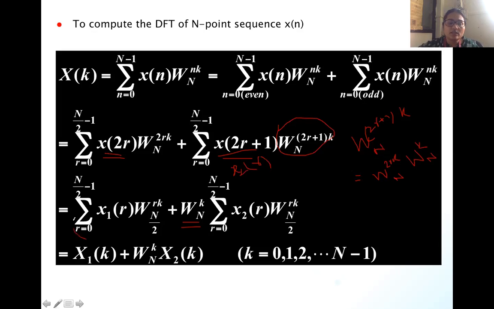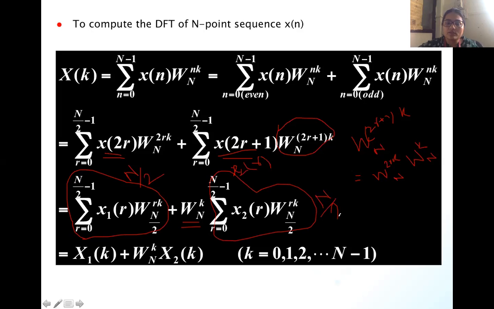If you observe, this is an N by 2 point DFT, and this is another N by 2 point DFT. The first part is exactly the same as the N by 2 point DFT, and the second part is also exactly the same. So the first part is represented as X1 of k, which is an N by 2 point DFT, and the second part is represented as X2 of k, which is again an N by 2 point DFT.